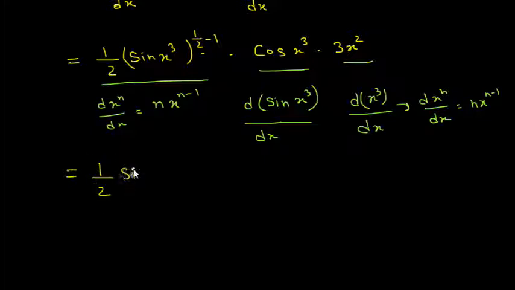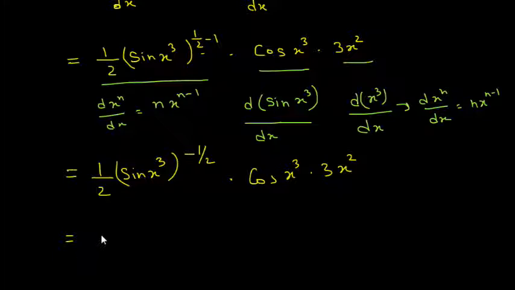So next part is easy, just simplify the index, that is minus half, and multiply by cos x³ times 3x².